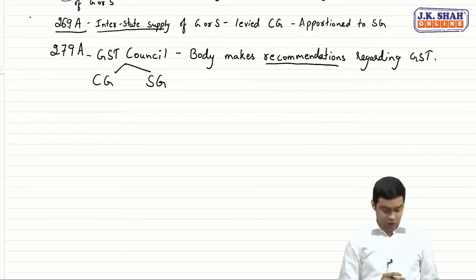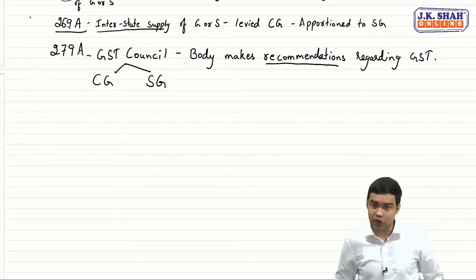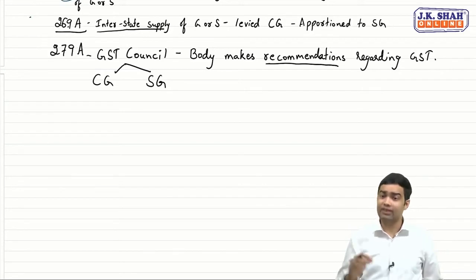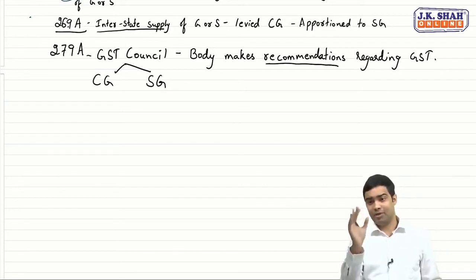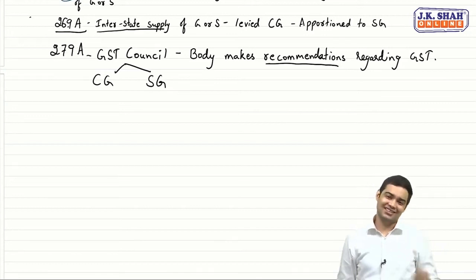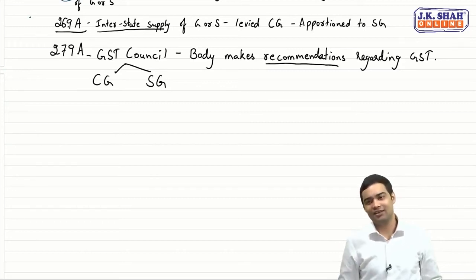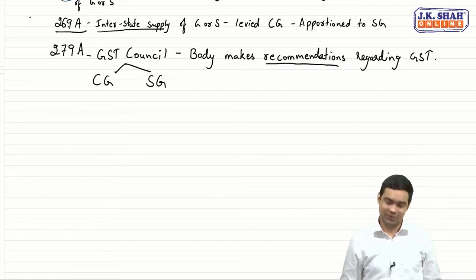Now, when we talk about the structure of GST Council, obviously both central government and state government have come together to levy a tax. Now, when we say both have come together, there can be fights. Where will that fight happen? Those fights will happen at the GST Council. GST Council is a structure which contains representatives from the central government as well as state government.